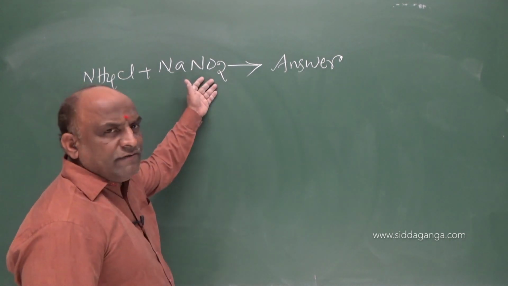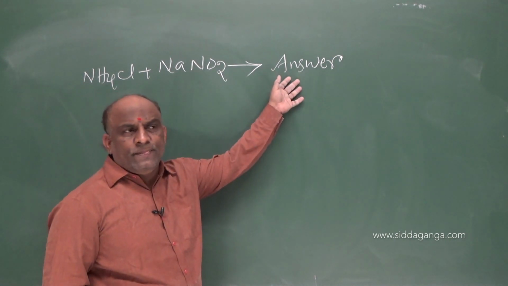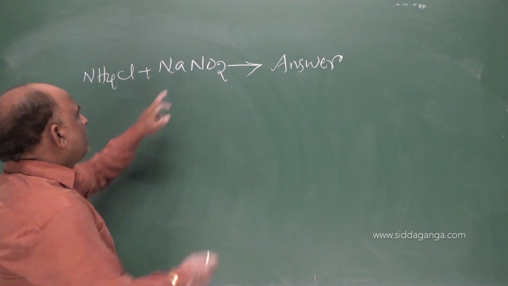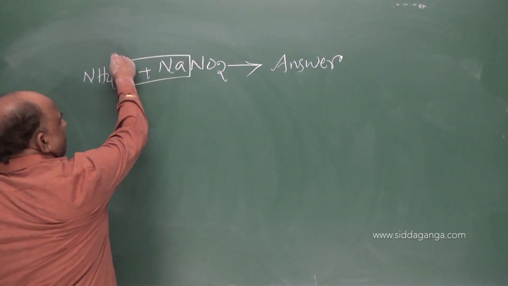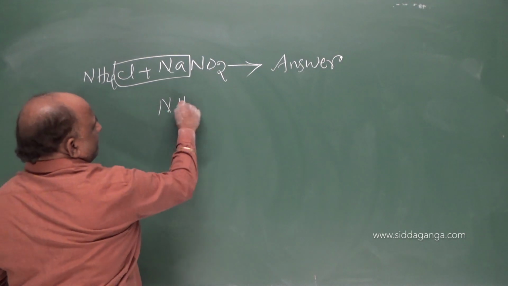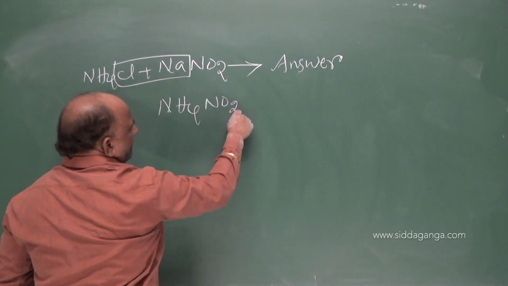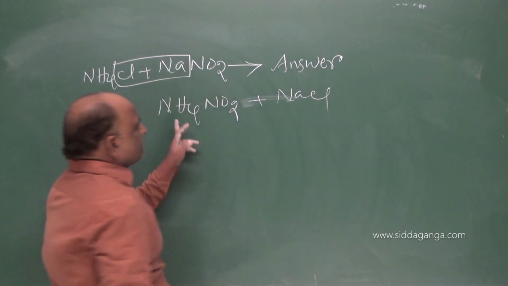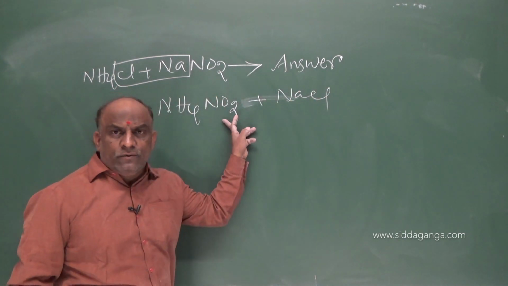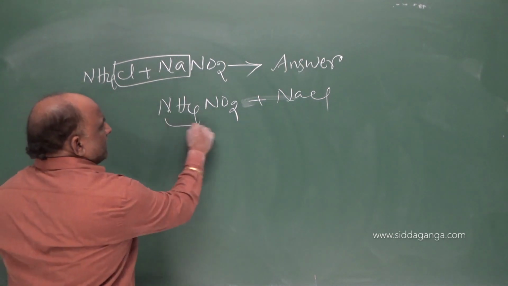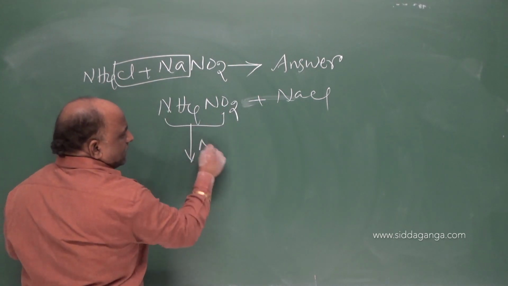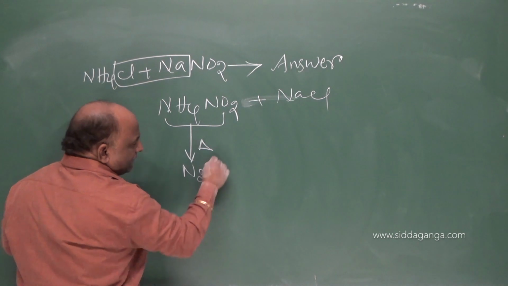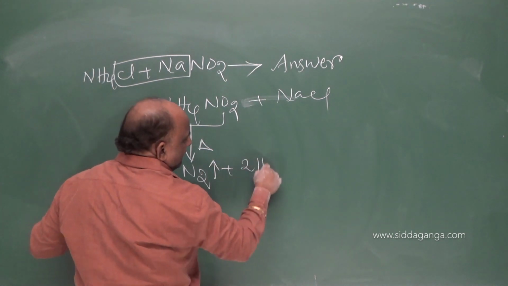But what is the reaction here? Ammonium chloride is treated with sodium nitrite. What will be the product? NH4NO2 and NaCl. We already know that NH4NO2 is ammonium nitrite, and its thermal decomposition gives N2 gas plus 2H2O.